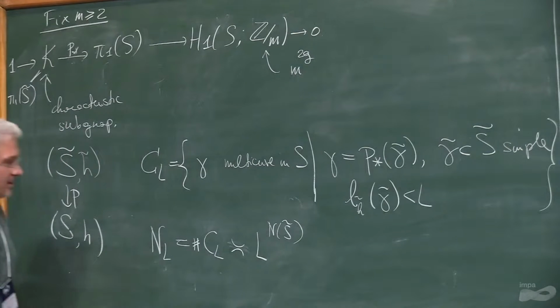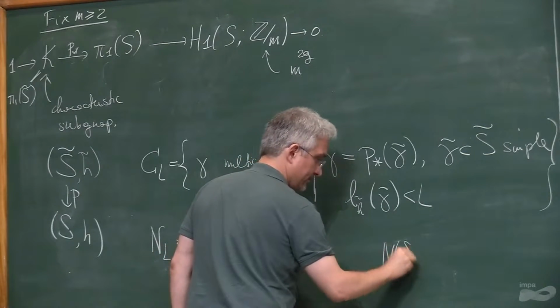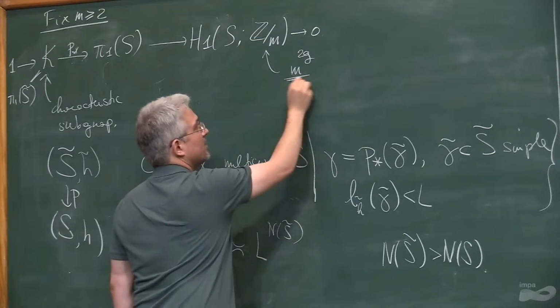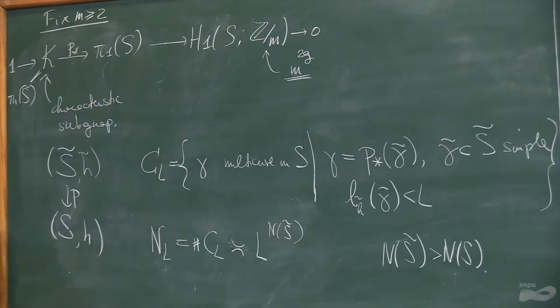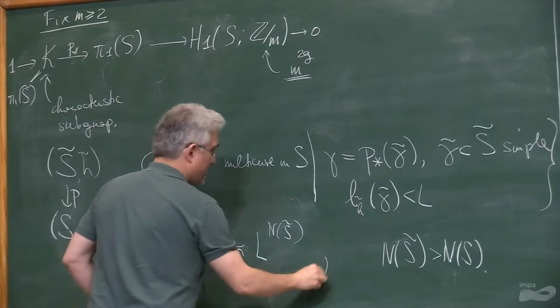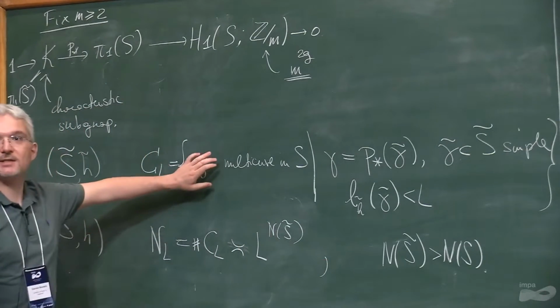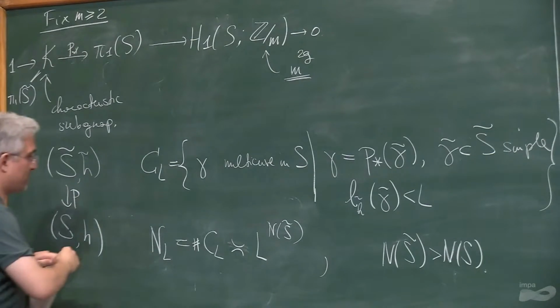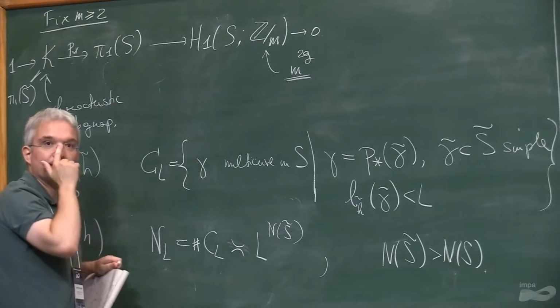But this n of S tilde is bigger than n of S, so it can be quite a bit bigger. Here we are counting things which are not necessarily simple, of course. It can be a bit messy. Okay, so this looks a bit different than the other problem.